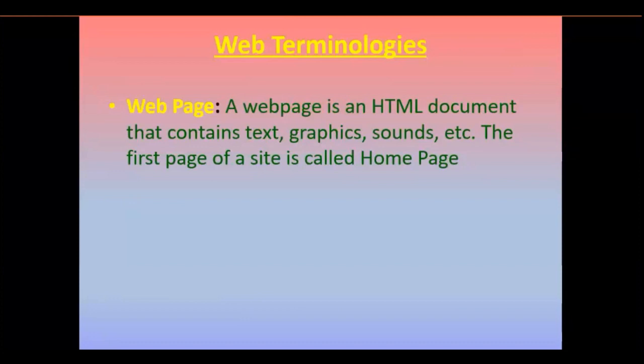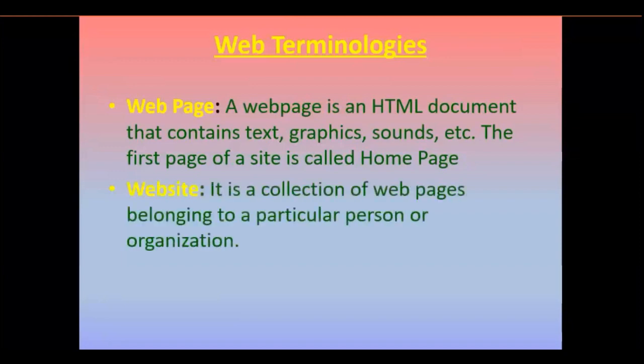A website consists of various web pages. So if I ask you what is a website, what will you write? A website is a collection of web pages belonging to a particular person or organization, isn't it? A website can belong to a single person, or it can belong to an organization as well.